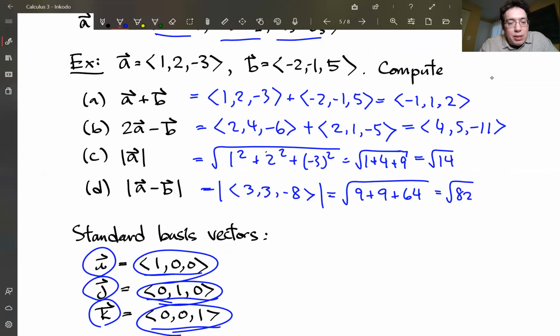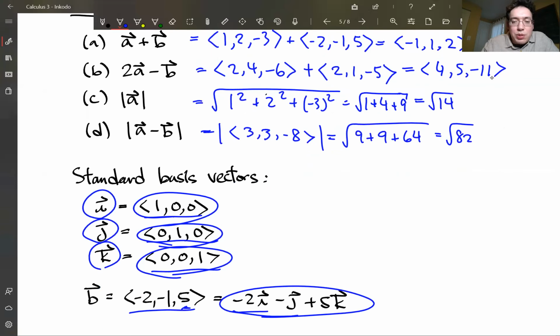Another useful type of computation is that sometimes we care about the direction, but we don't really care about the magnitude of a vector. So sometimes it's convenient to rescale a vector so the length is just 1, and we just keep the information about the direction.